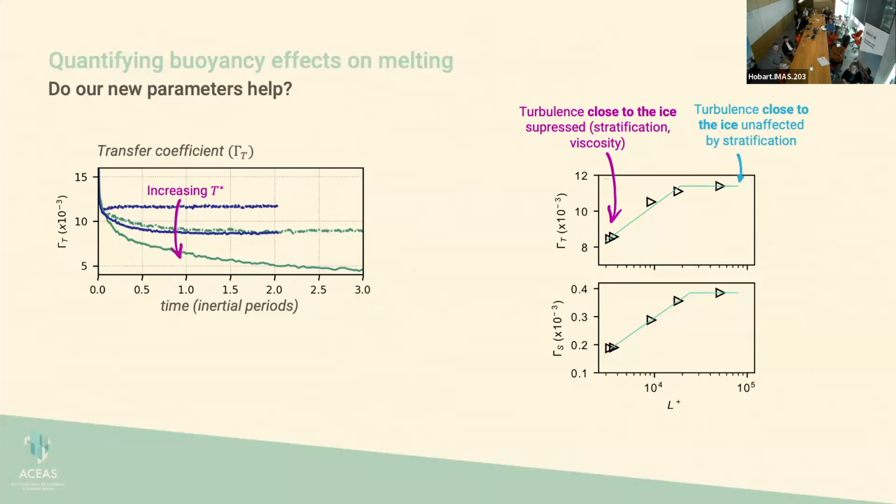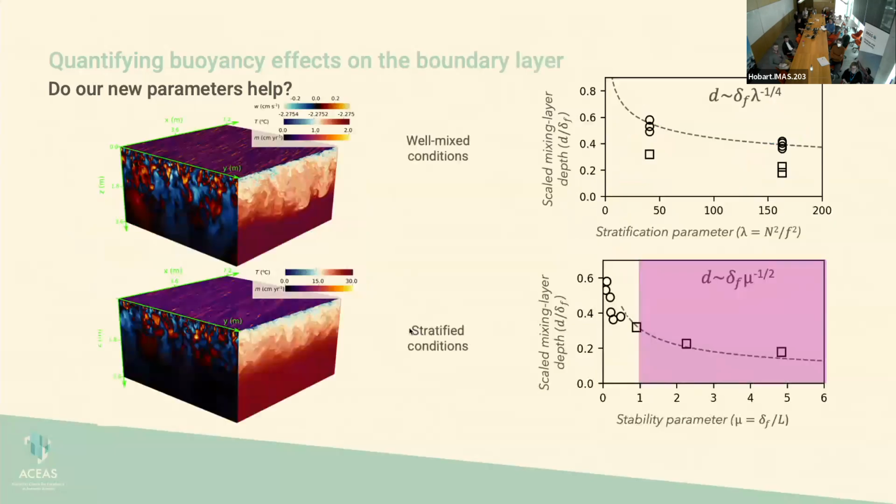So one of the interesting things about this is that we have to use a different parameter to describe the effects of stratification on melting, because melting is governed by processes really close to the ice, as compared to before, when we had to use a slightly different scale, which also involved our Obukhov length scale, but in a slightly different way, to describe the effects of stratification on the boundary layer overall, which is quite an interesting result.